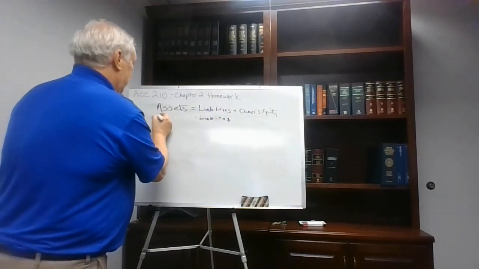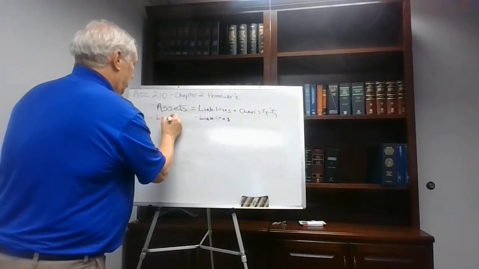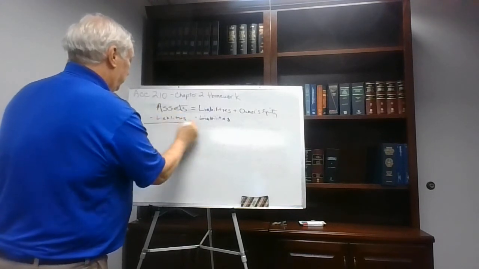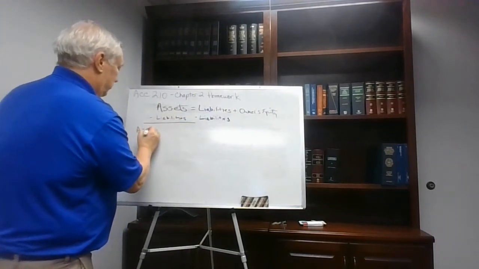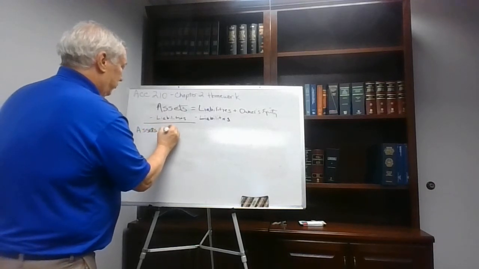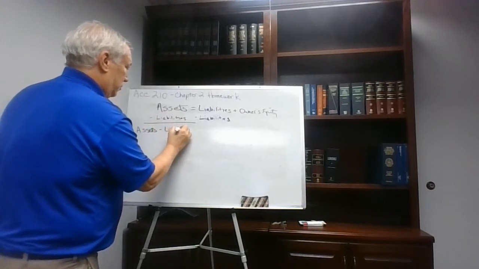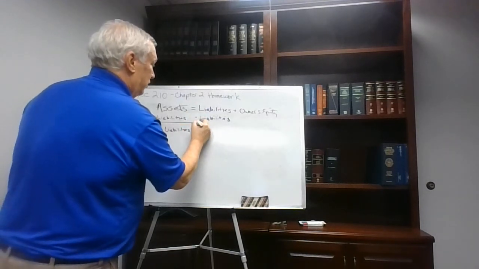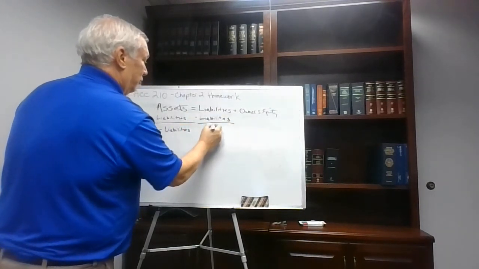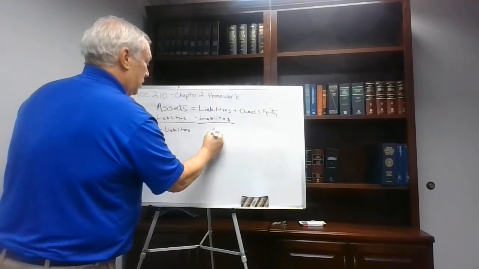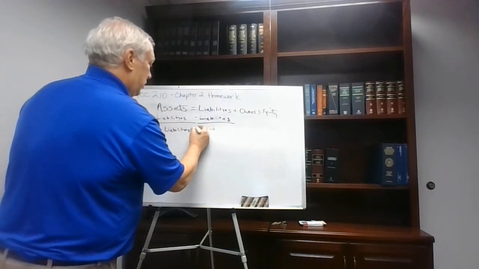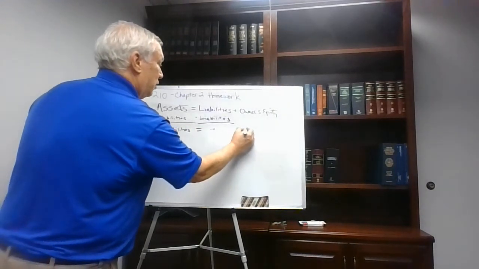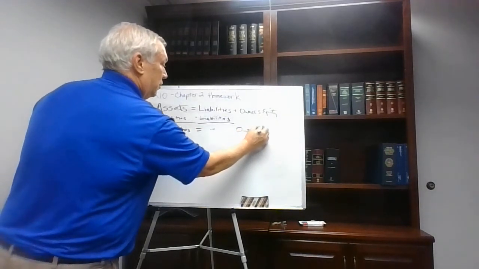And so you subtract liabilities over here, you do the math, this gives you assets minus liabilities. On this side, liabilities minus liabilities is nothing. And so now you've got assets minus liabilities equaling owner's equity.